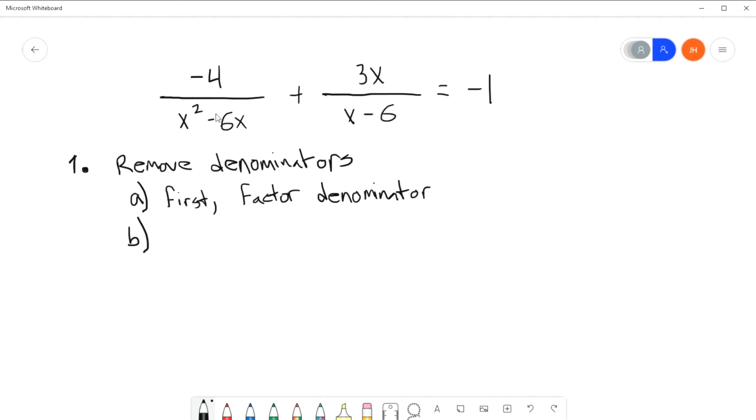All right, so the bottom of this one is factored, or there's nothing to factor, but this guy, I could pull out x, and I'd be left with x minus 6. So I'm going to have x times x minus 6.